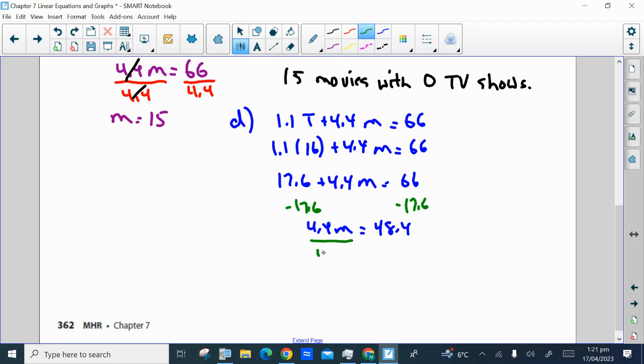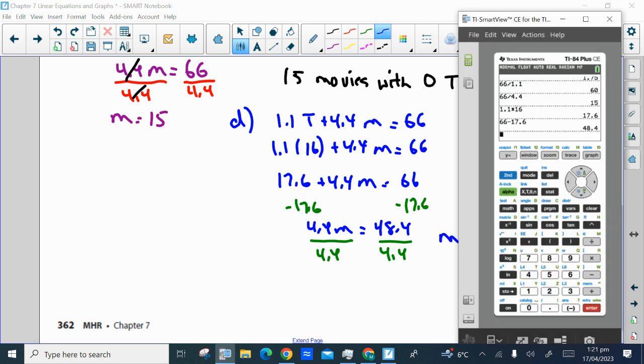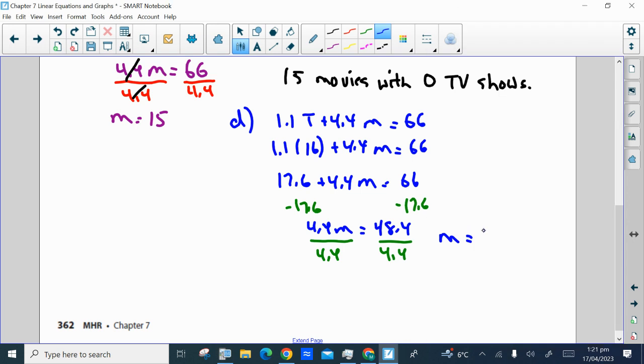And then to get m by itself, we would divide both sides by 4.4. And that gives us an answer of 11. So if he already has 16 TV shows on his computer, he has room for 11 movies before it's filled up.